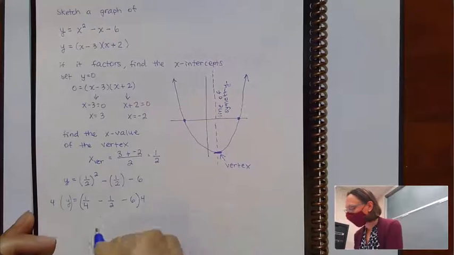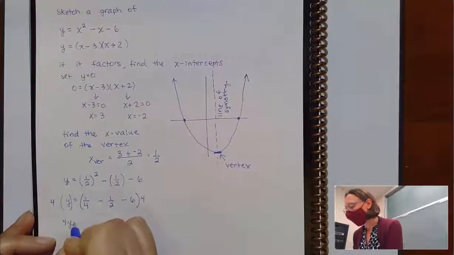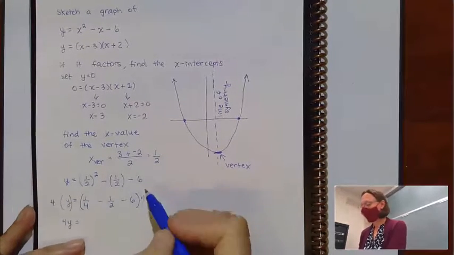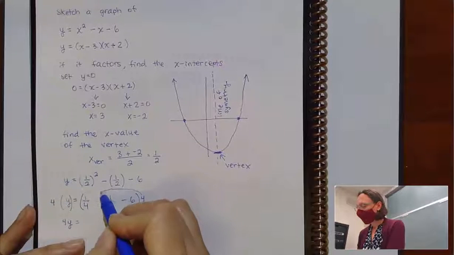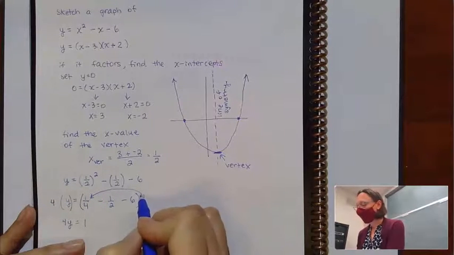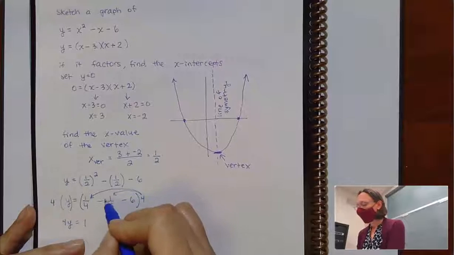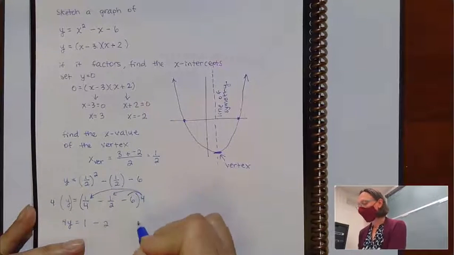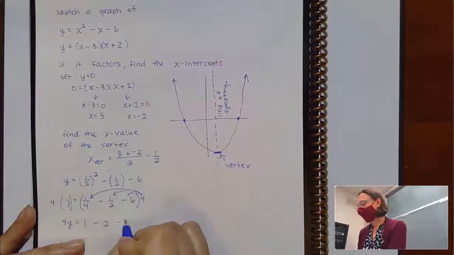So if I did that, I have 4y on the left-hand side, and over here I have to remember to distribute that 4 through. So 4 times 1/4 is going to leave me with 1. 4 times negative 1/2 would leave me with -2. And 4 times -6 is -24.